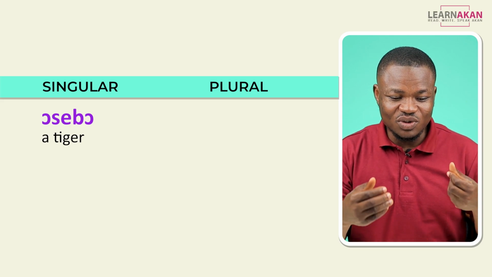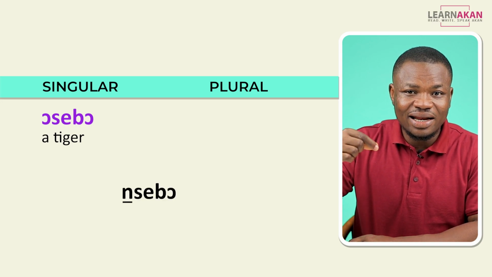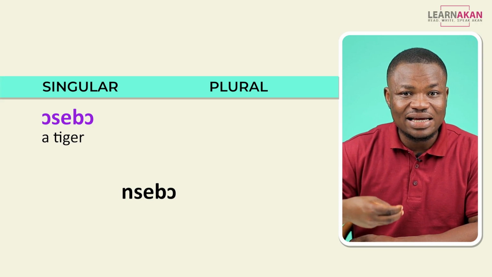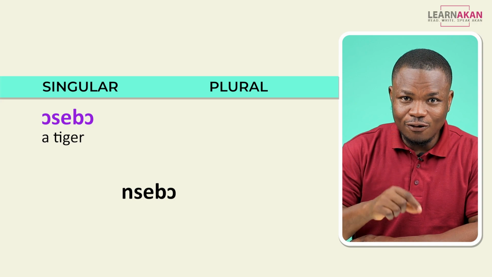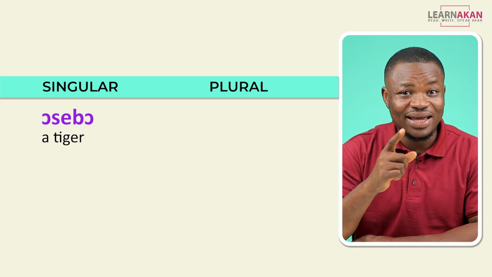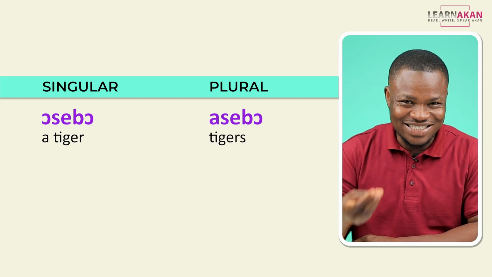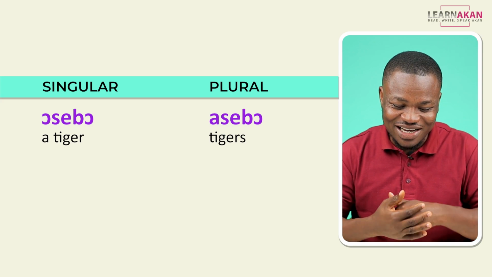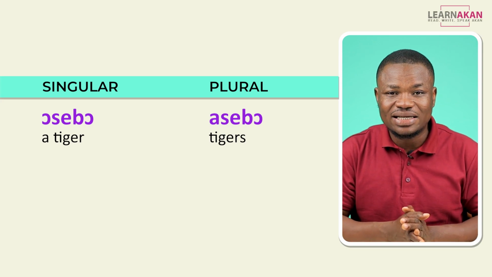So under the rule that we covered for this particular category, we would have attached n in front and then would have had insibo as the plural. But no, the plural of osibo is not insibo. The plural of osibo is asibo. Okay, so this is one of the exceptions. So instead of attaching n in front, we attach a.